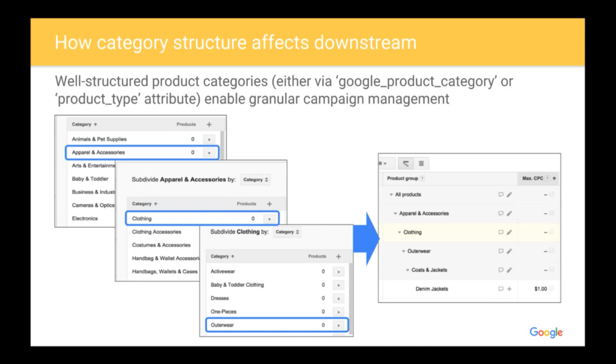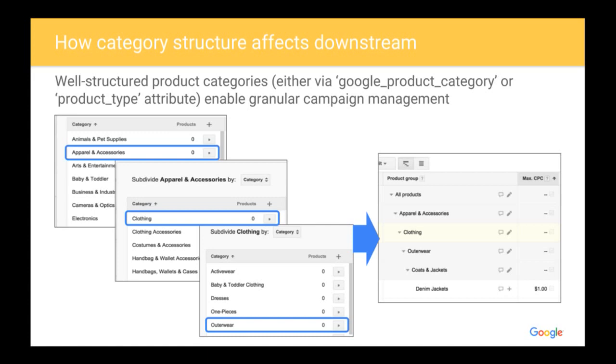The alternative way, as Julia showed, is to say you don't want to do it by the product category that you're selling. You actually want to do it by price bucket, because if you expect a product that is between $100 and $500 or €100 and €500 to deliver more gross revenue to your business, then it would most likely make sense to bid higher on the higher price bucket items than on the smaller price bucket items.